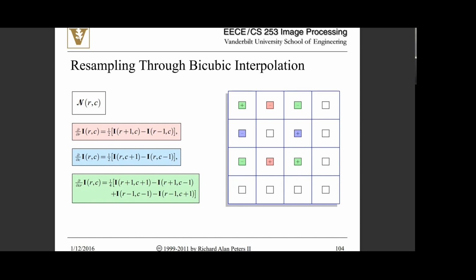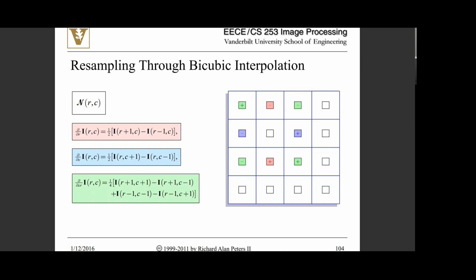Okay, so I can say it is r plus 1 minus r minus 1, and then divide by 2. Because there is a step of 2. The distance between these two samples is 2, it's not 1. The same in C, you can estimate what is the second derivative in R and C. And so this is second derivative in R and C, and then you have this formula.